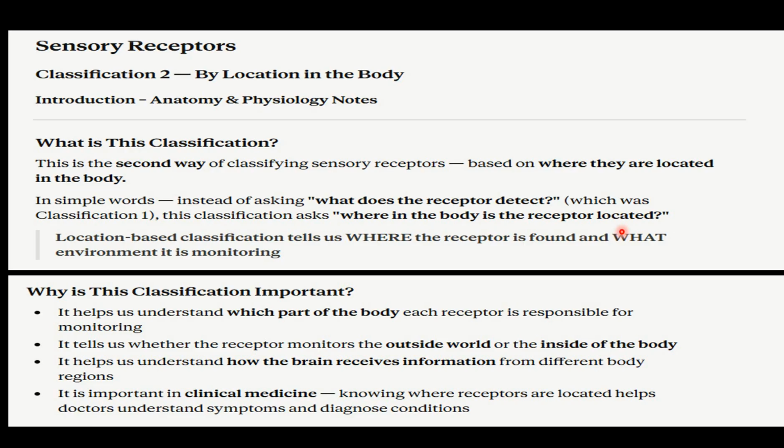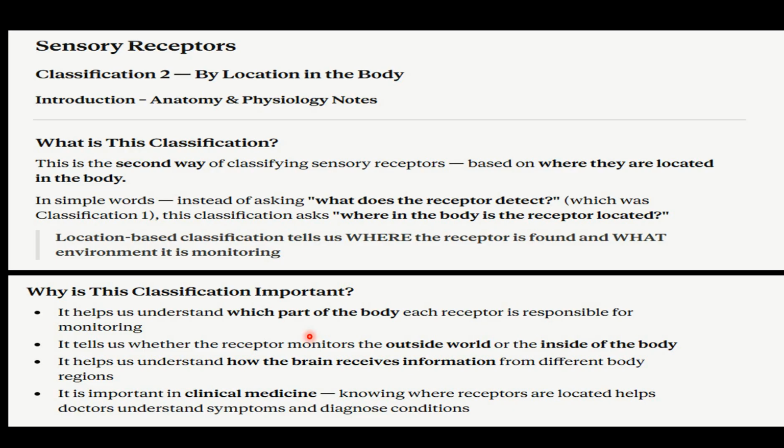Now some of you might be thinking, why is this classification important for us? Why do we really need to learn or understand it? Because there are multiple reasons. Here you can see I have noted down all the reasons. The first reason says it helps us understand which part of the body each receptor is responsible for monitoring.